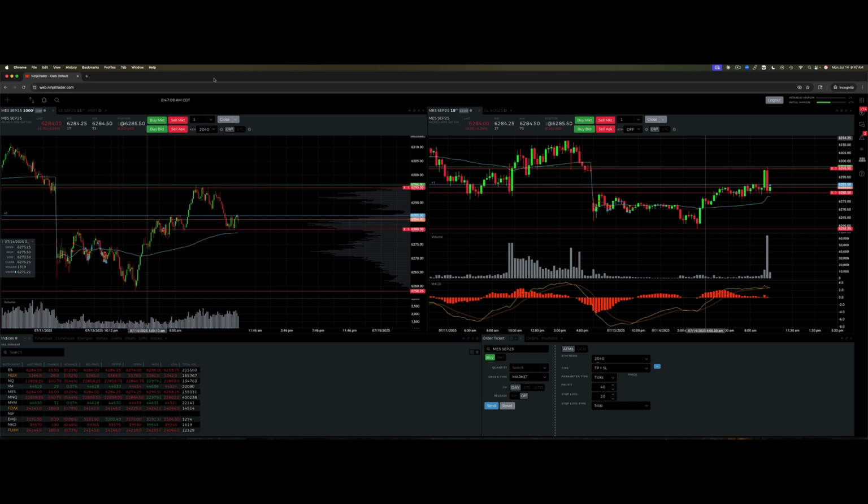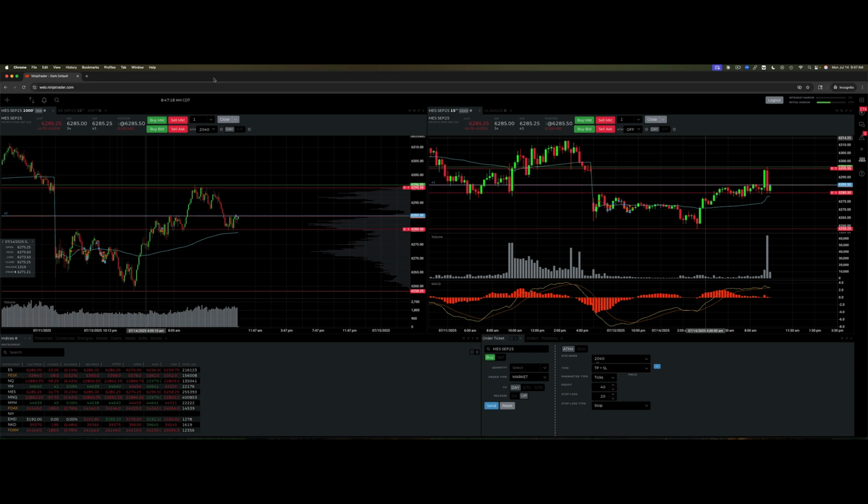A 20 tick stop loss on this instrument, I think, is like $20, $25, something like that. Actually, no, I think it's like 12.50.